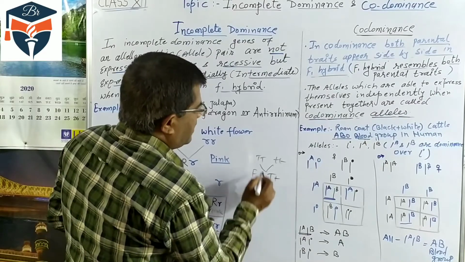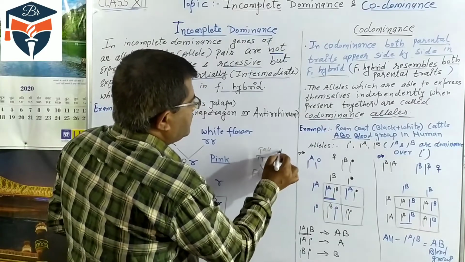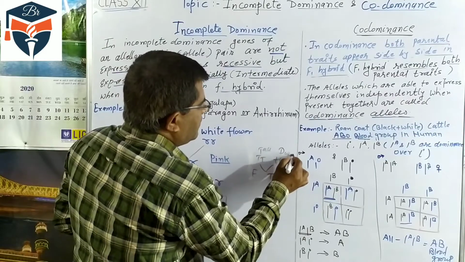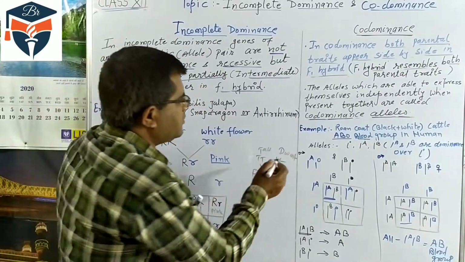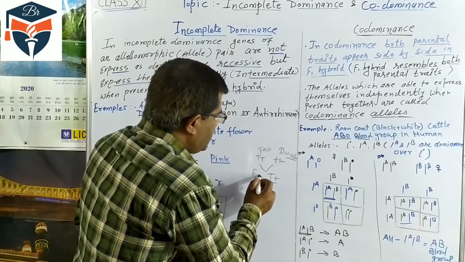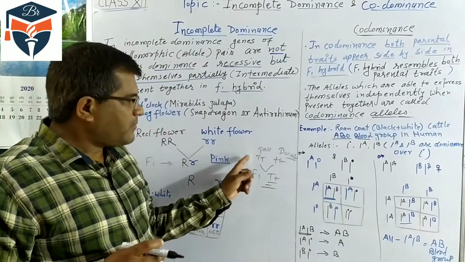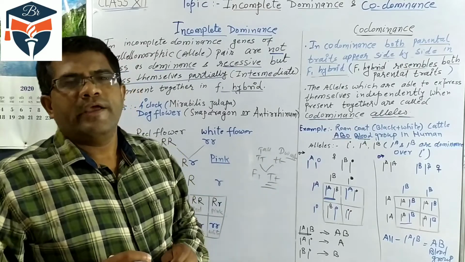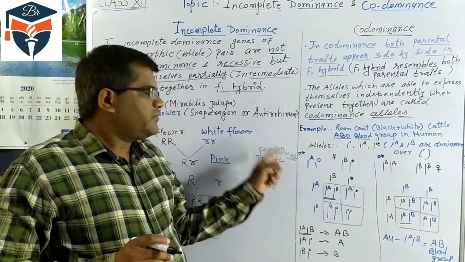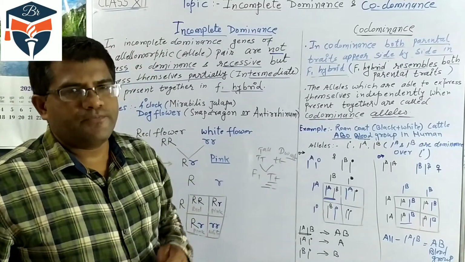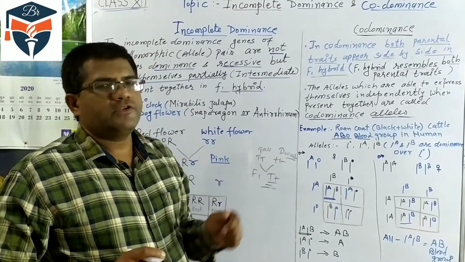So tallness is a dominant character, whereas the character which is not expressed is the recessive character. It means dwarfness is the recessive character. In the F1 progeny one of the parental characters is expressed; this is the dominant character, and the one suppressed by the dominant is called the recessive character.